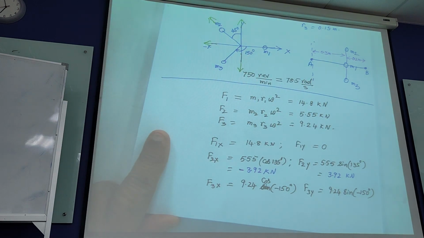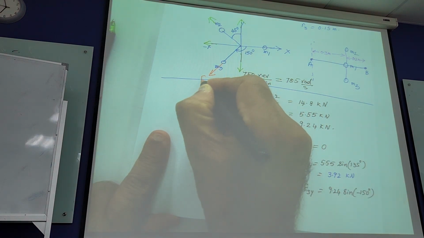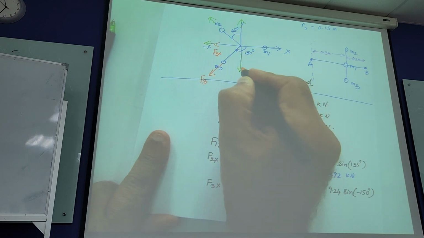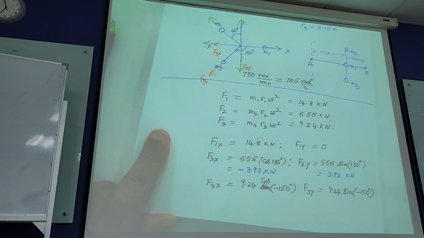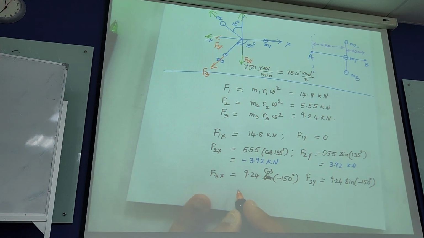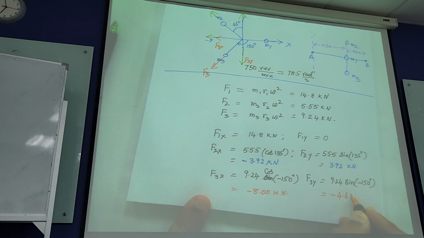So if you consider the force acting here, F3x is negative, and F3y is also negative. So F3x is how much? Negative 8.00 kilonewtons. So F3y is negative 4.62 kilonewtons.